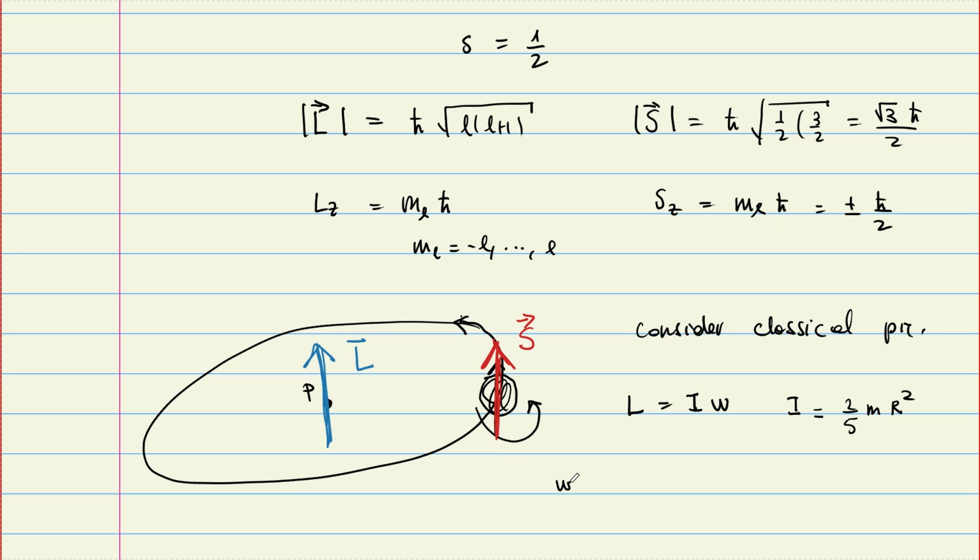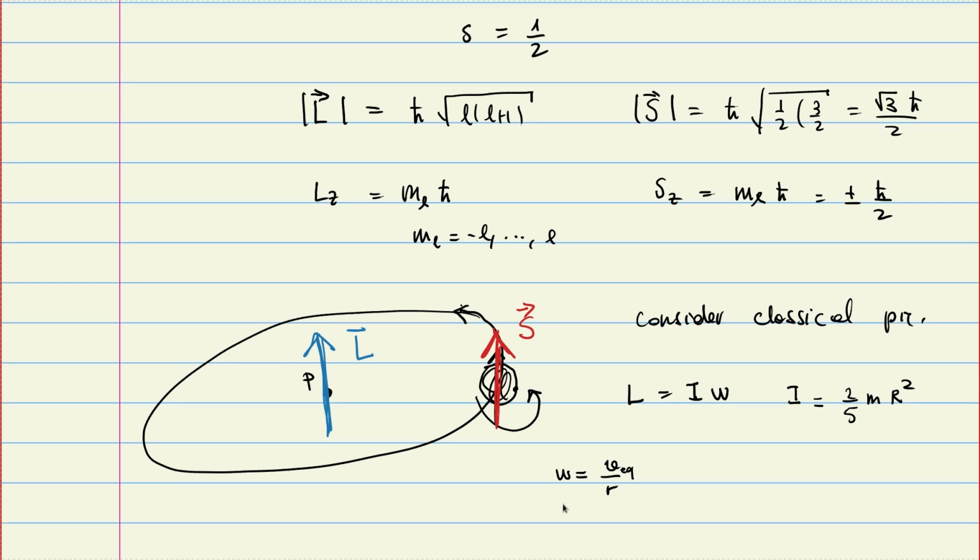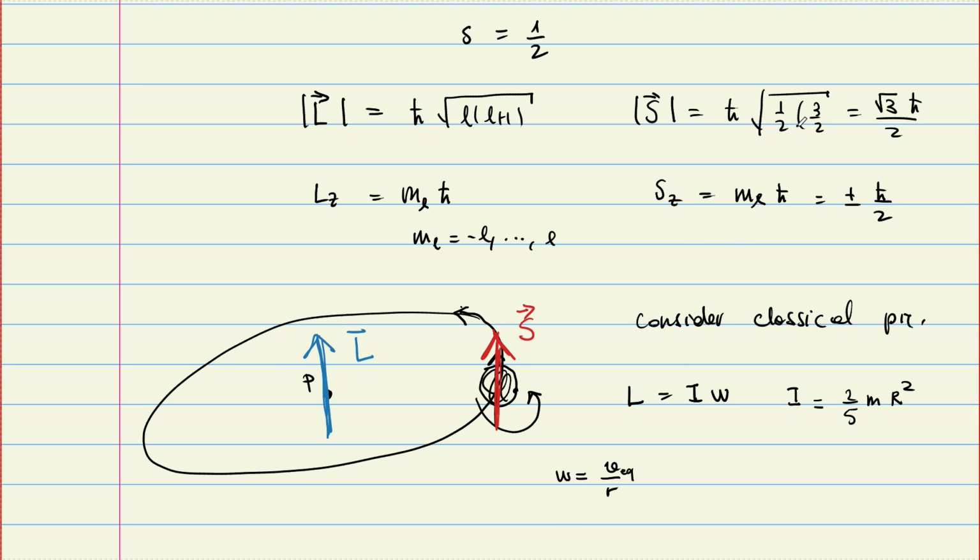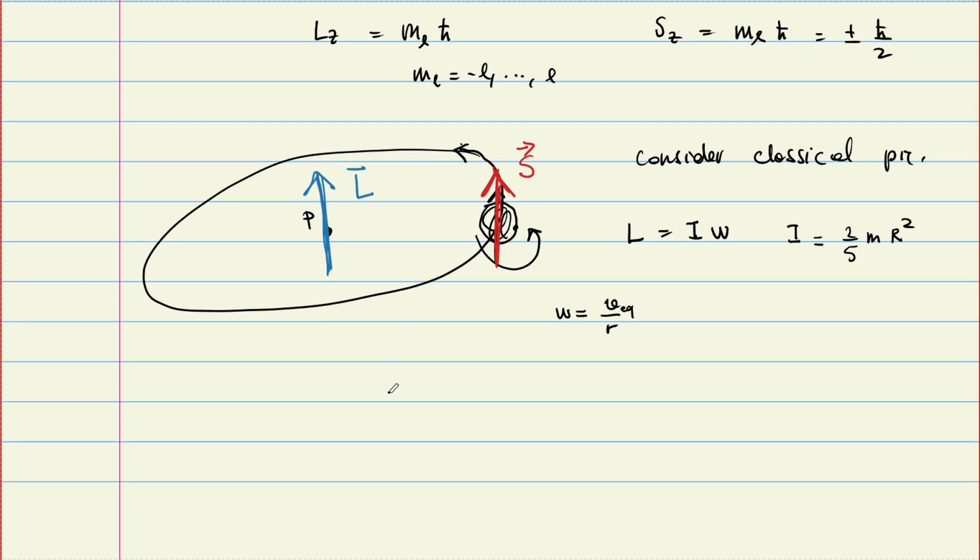And for omega, we can say v over r. And v is the speed at the equator. If you want, I can put equator here. Now what we want is this L to be equal to this angular momentum we found here, right? So this is root 3 h bar, the magnitude of angular momentum.